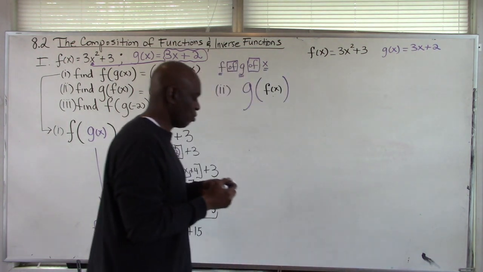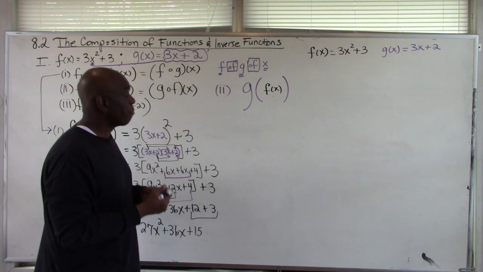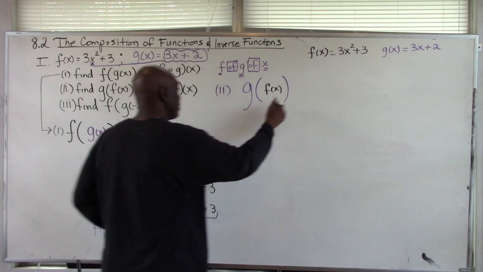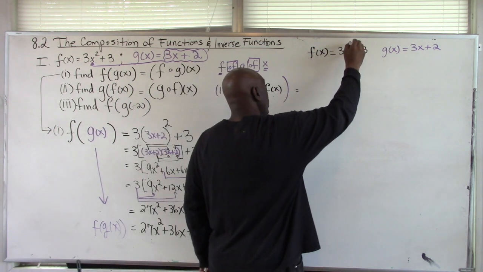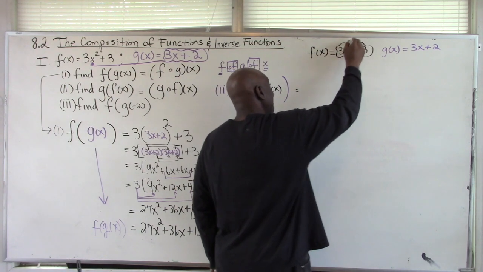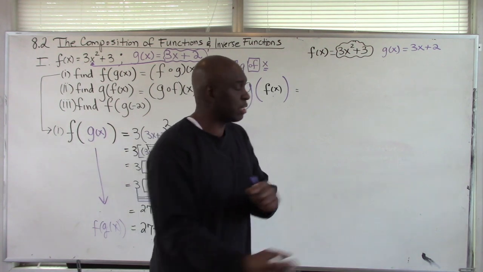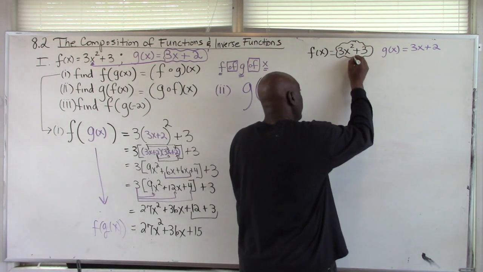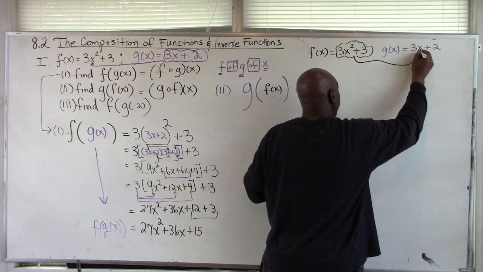All right, so we want to take f and put f on the inside. Where's f? Oh, f is right here. So now take all of this. See that? Take all of that, 3x squared plus 3, and dump it in for x right here.